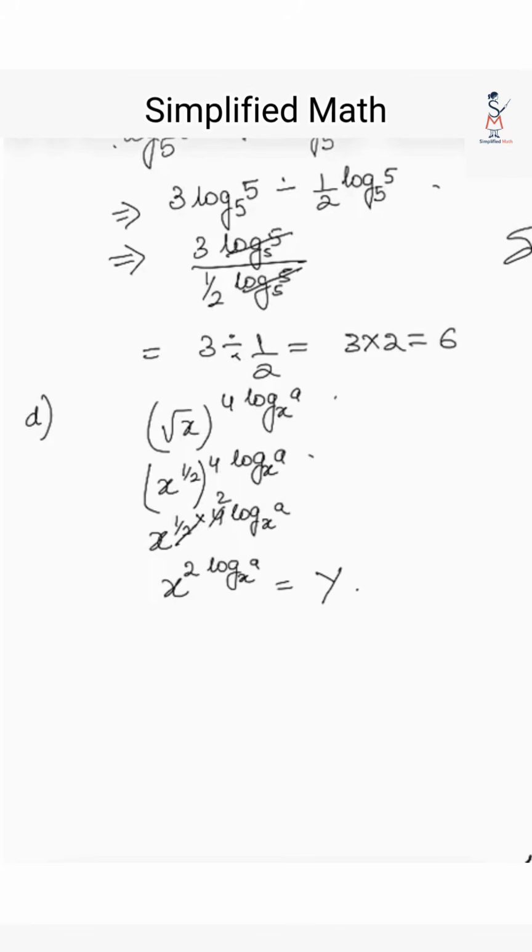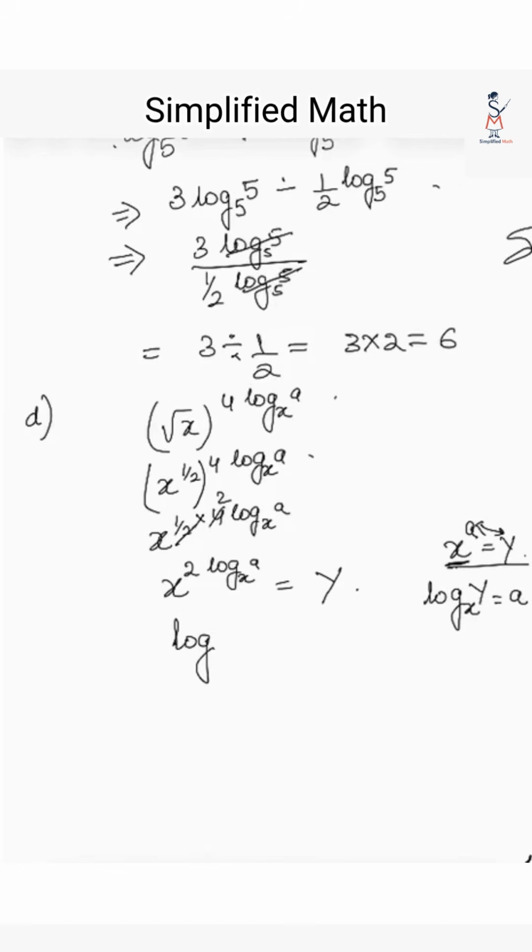So what we will do, we'll change this into log now. We know how to change. I'll just show you. Anything raised to the power, if it is like this in exponential form, how do we change it into log form? The base, this is x raised to the power, x is the base, so x becomes the base of the log, and the power and y will get interchanged.